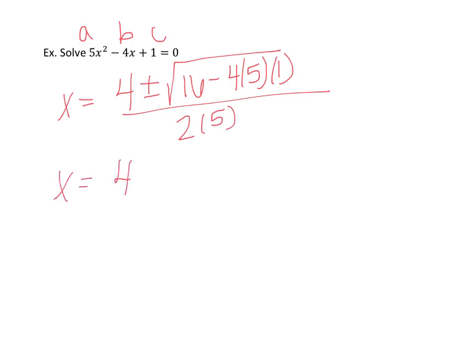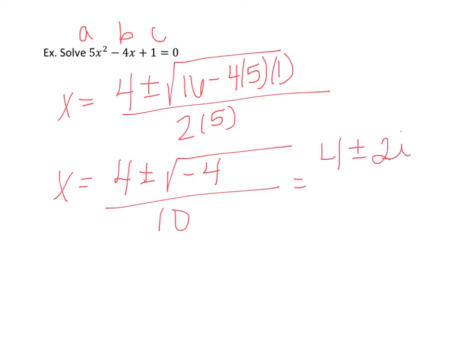So x equals 4 plus or minus the square root of 16 minus 20, negative 4, over 10. So this is 4 plus or minus 2i over 10. Everything's divisible by 2, so 2 plus or minus i over 5.